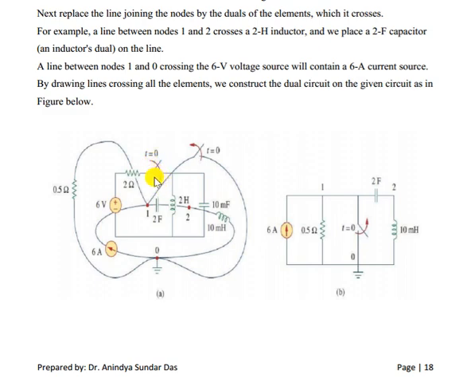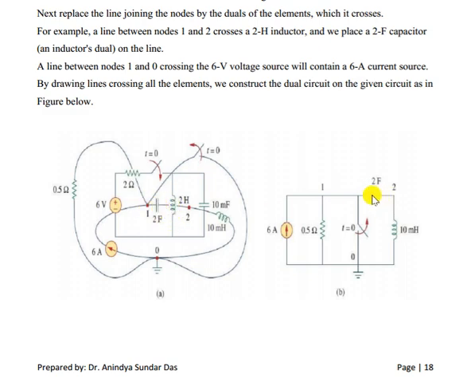And this switch, which was in closed position here, will be in open position. Okay, and between node 1 and node 2, what do we have? An inductor. But the dual of inductor is capacitor.